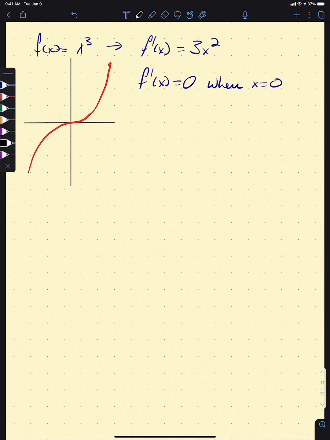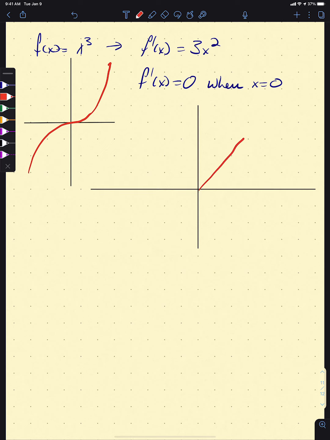Also, consider something like this. What if we took a look at the graph of the absolute value of x? The absolute value of x absolutely has a local minimum right there. Its derivative there is not defined.